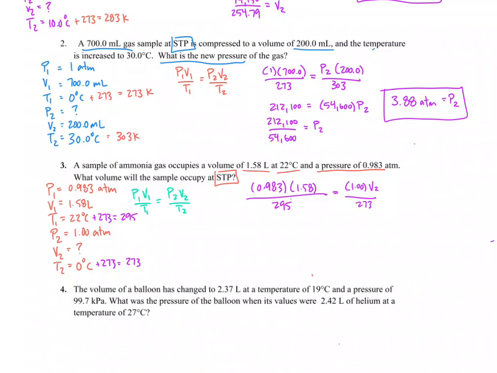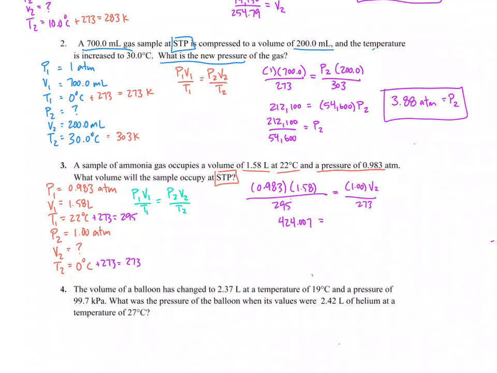All right, so now we are going to cross multiply. So everything on the top here, 0.983 times 1.58, cross multiplied with 273, gives me a value of 424.007. And then 295 times 1 times V2.